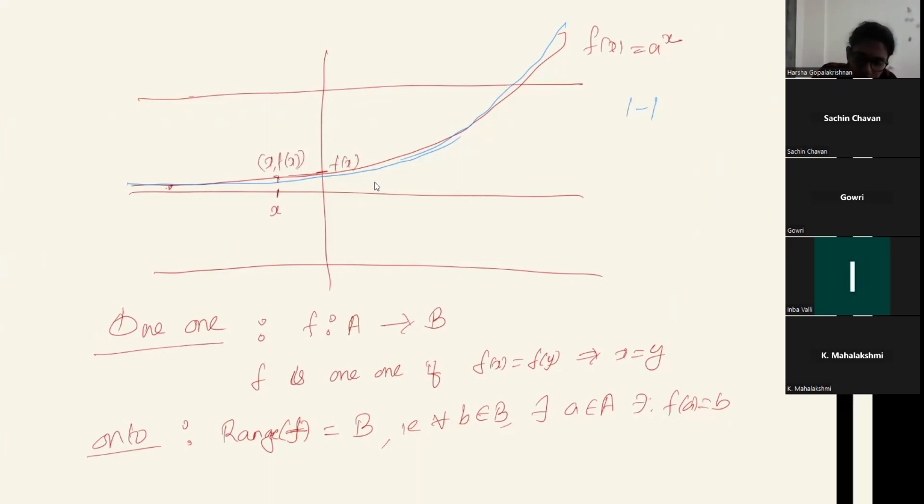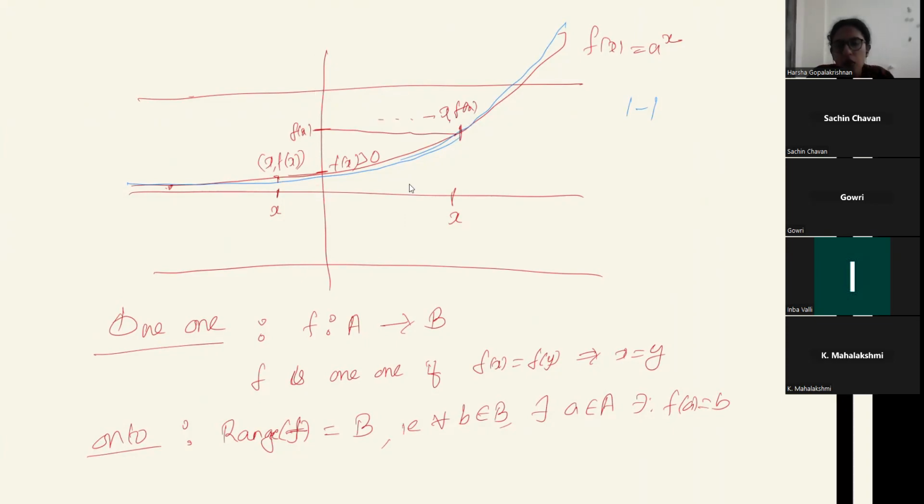If I am taking some x here, suppose here I am taking x, this is my x, f of x. So corresponding f of x is this one. Here also f of x is positive. So whatever point I am taking in the x-axis, f of x lies in the positive y-axis.